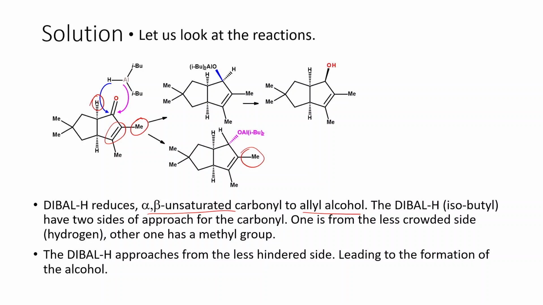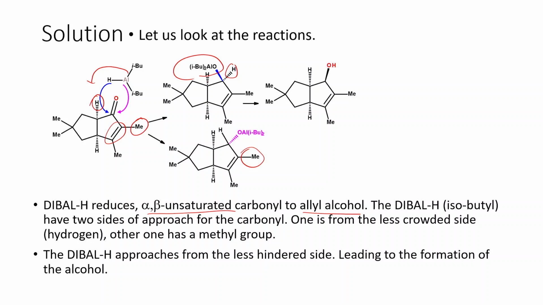So when it approaches from this blue arrow side, in other words, this entire group will be on this side attached to the oxygen. So the hydrogen is now pointing downwards. Because this hydrogen is pointing downwards, the diisobutyl cannot approach from that hydrogen side, even though that is the less hindered side.